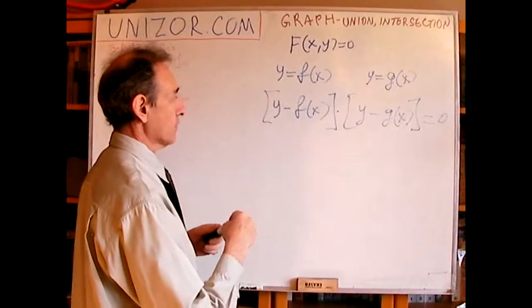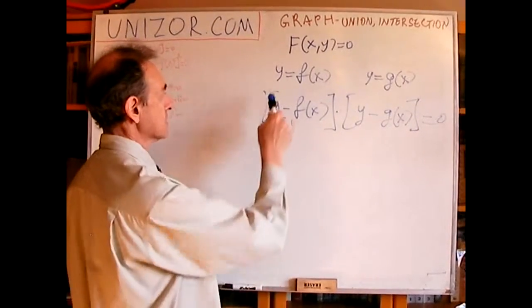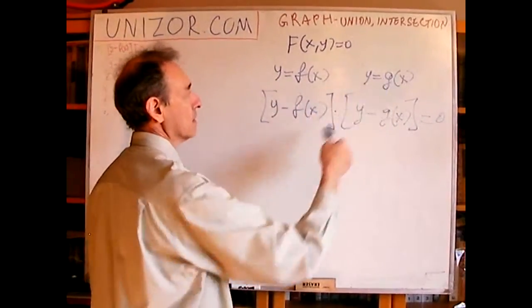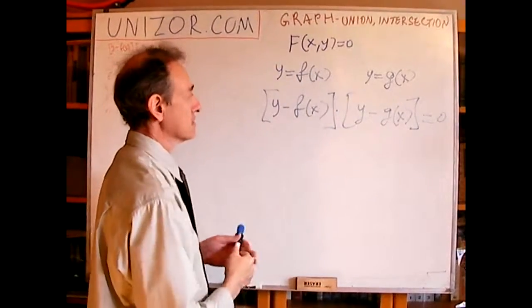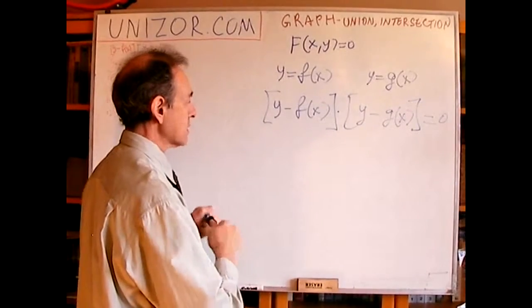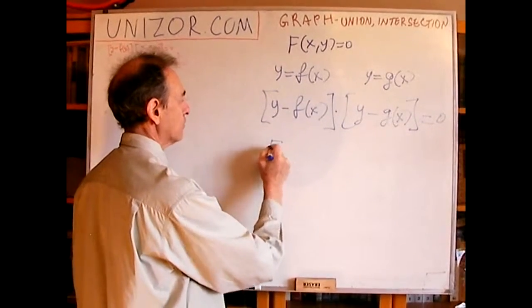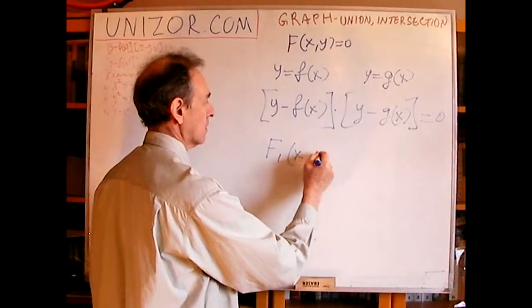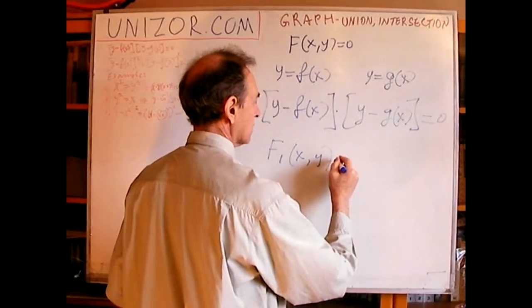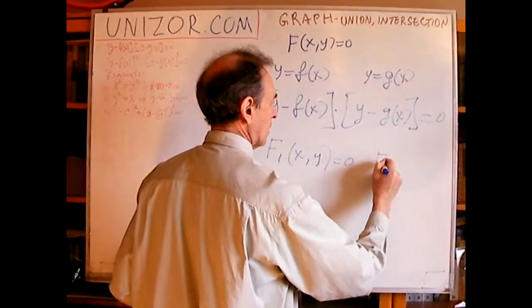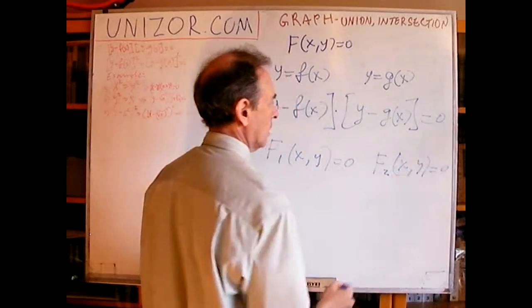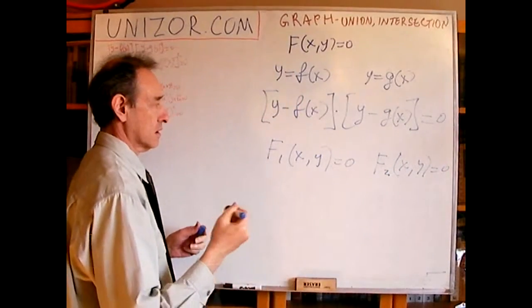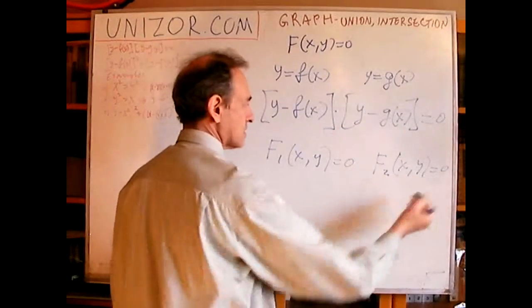In a more general case, if instead of this type of functional dependency between x and y you have an equation dependency, it's exactly the same thing. If you have one particular dependency f1 of x and y and another dependency f2 of x and y, this is some graph, and this is some graph.